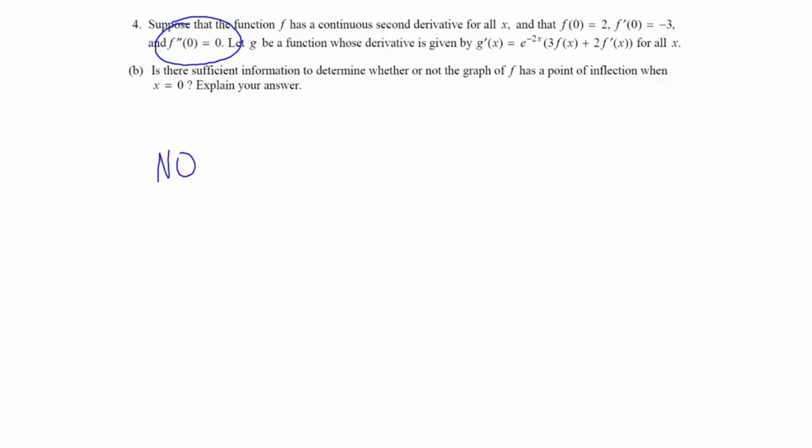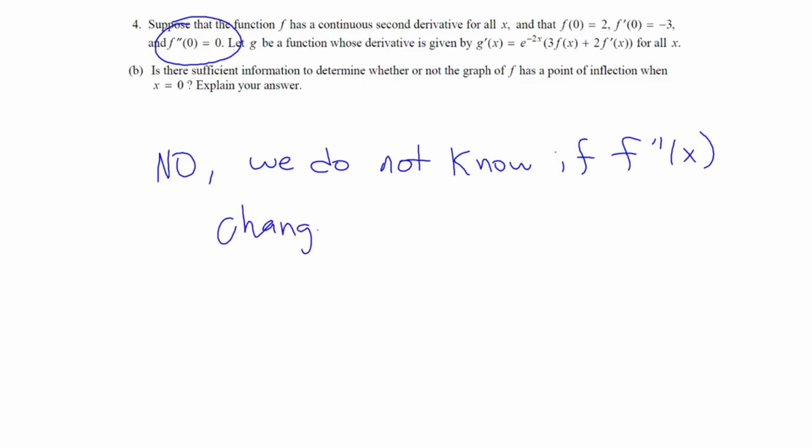So we're going to say no. We do not know if f double prime of x changes signs at x equals 0. And that's worth 2 points. 1 for no and 1 for the reasoning.